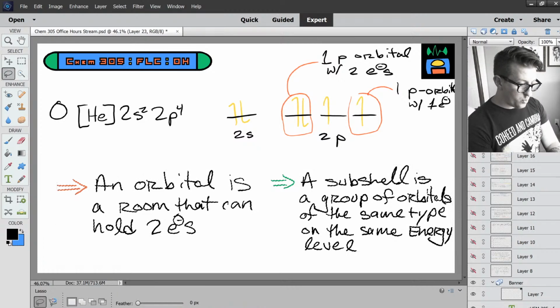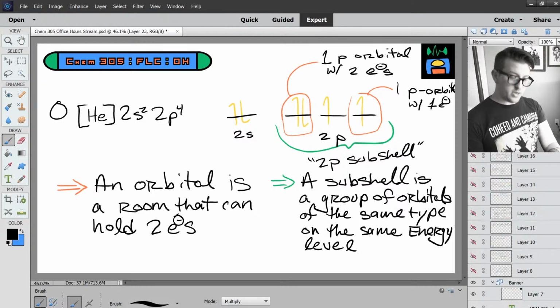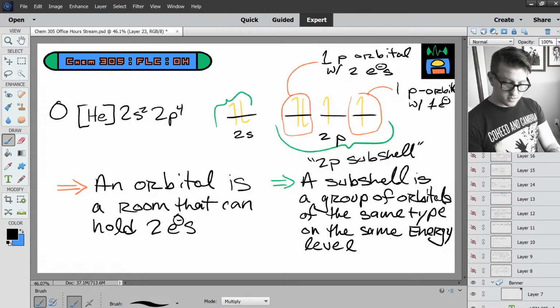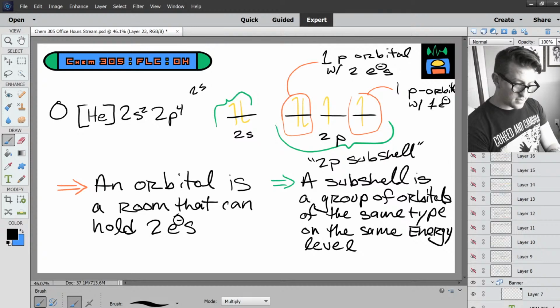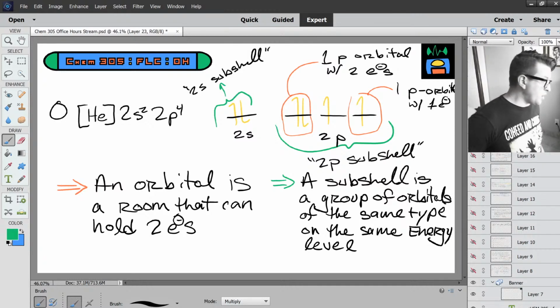And so we could say that there are 2 subshells present. All of these orbitals together comprise the 2p subshell, because it's all the p orbitals on the second energy level, whereas this one single s orbital is the 2s subshell, because there's only one s orbital on the second energy level.